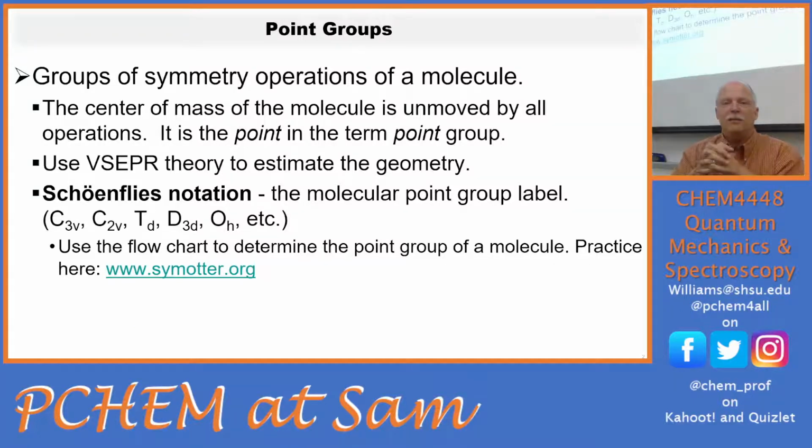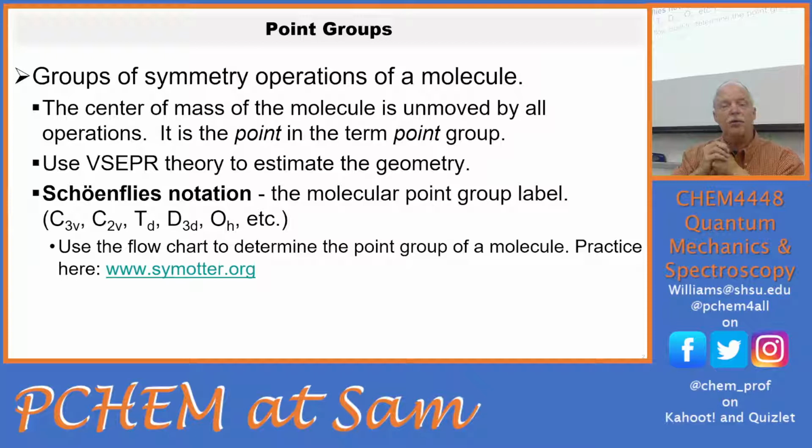And so those symmetry elements can be combined into groups of symmetry operations. Certain molecules have a symmetry associated with them, and so they will have those symmetry elements associated with them. And the more of those they have, the more symmetric the molecule is. Now, I'd like to point out this one strange word, Schoenflies notation.